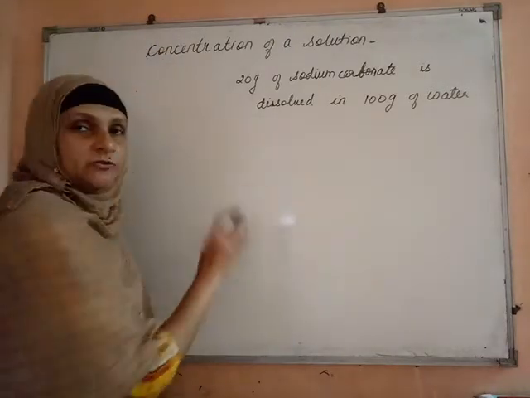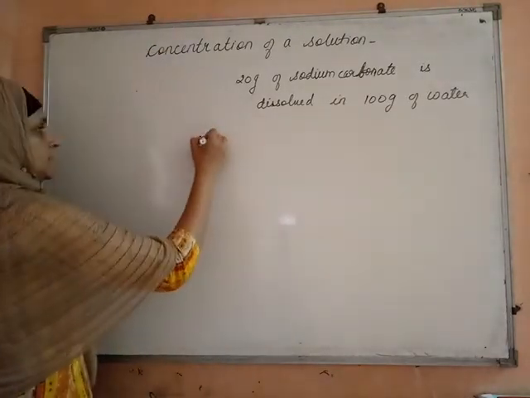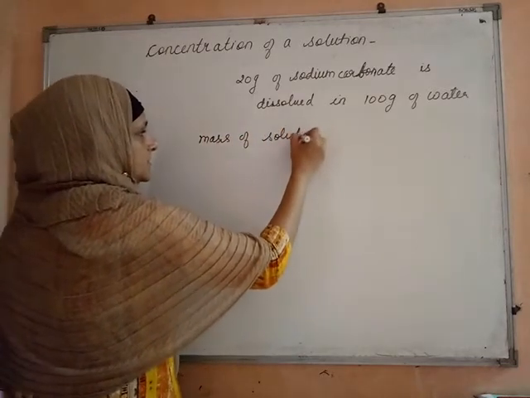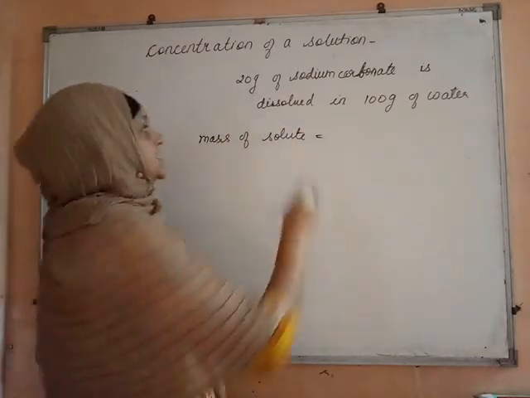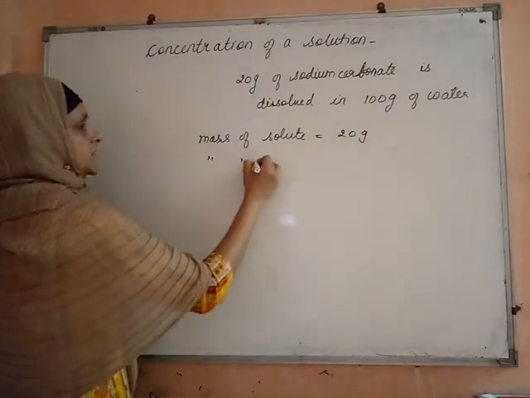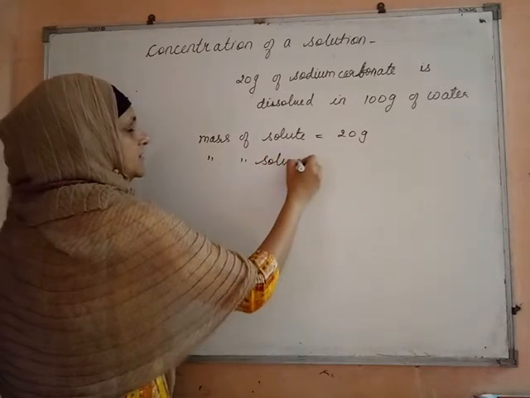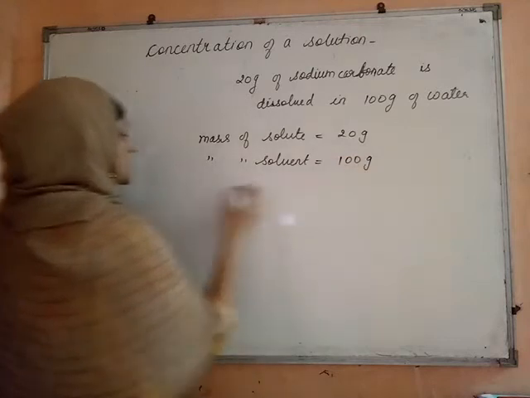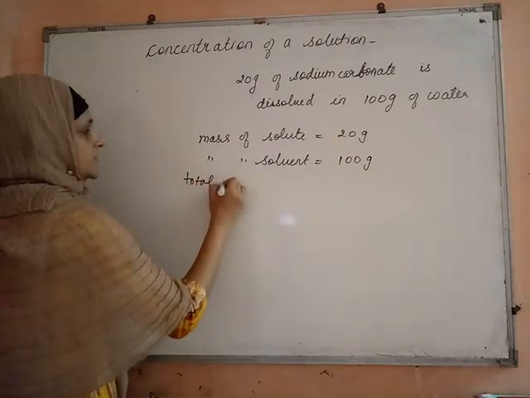So we have to write a few things as the data. Mass of solute. Which is the solute here? The one which is in lesser quantity. So this is the solute, 20 gram. Mass of solvent. Which is the solvent here? Water, because it is in more quantity. So 100 gram. So what is the total mass of solution?